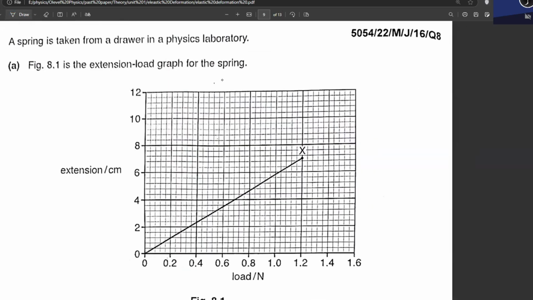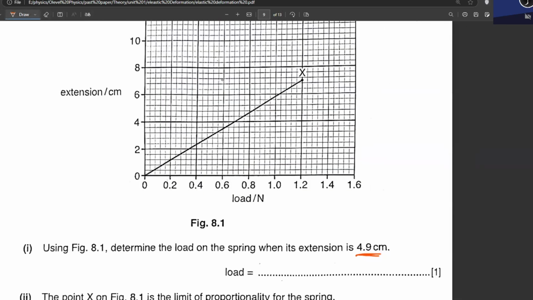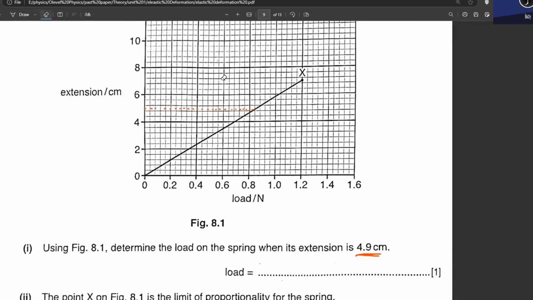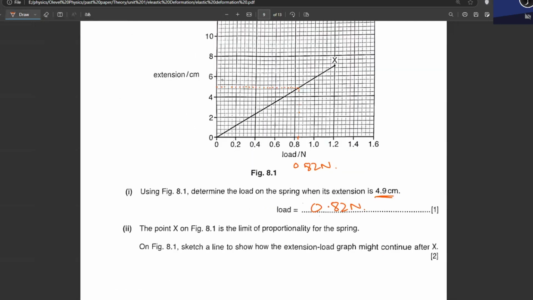When the extension is 4.9 centimeters, that means roughly at this point. At an extension of 4.9 centimeter, your load is 0.82 Newton, as far as I can read.